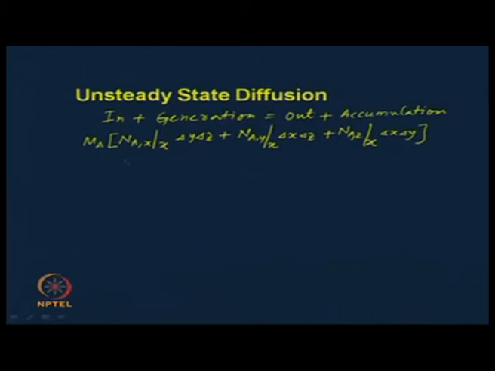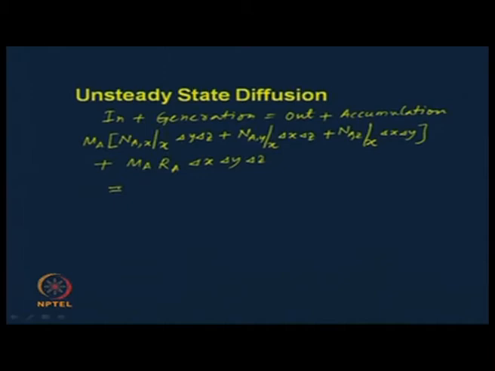This is the mass flow rate in, plus generation, which is M_A R_A delta x delta y delta z.